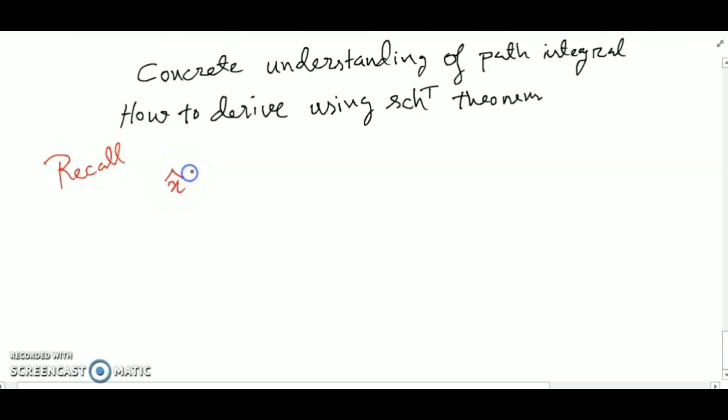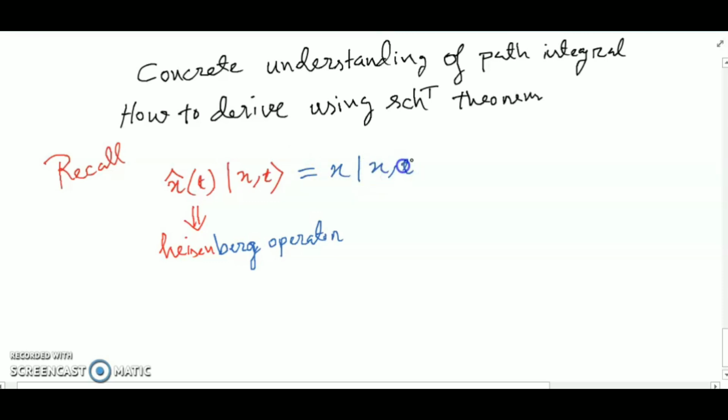X hat of t acting on x comma t, where x hat of t is the Heisenberg operator, equals x acting on x comma t.